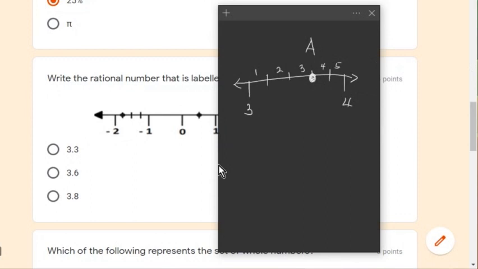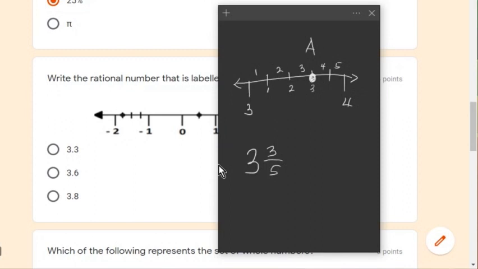So to locate that point, we know that this number is greater than 3, but it's between 3 and 4, so it will be 3 whole number. And then since it was the third mark that was ticked, my numerator will be 3, and the number of spaces between 3 and 4 is 5, so this will be 3 whole number, 3 over 5.